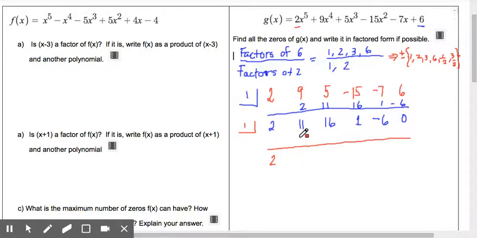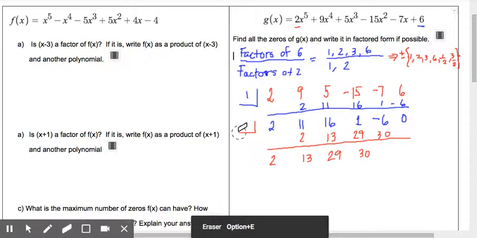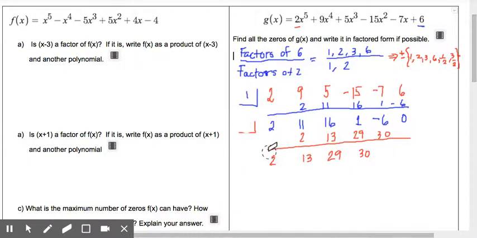Bring down the 2. 2 times 1 is 2. 11 plus 2 is 13. 13 times 1 is 13. 16 plus 13 is 29. 29 times 1 is 29. This becomes 30. And 30 times 1 gives us 30. And obviously, this is not a 0. So that means that 1 is not a double 0. So that means we have to try another number.